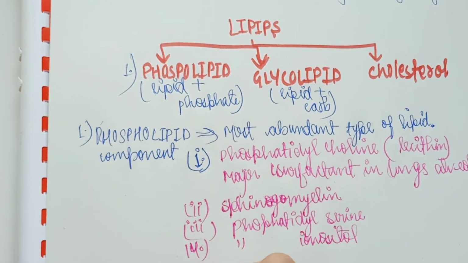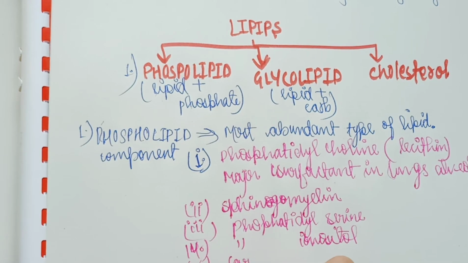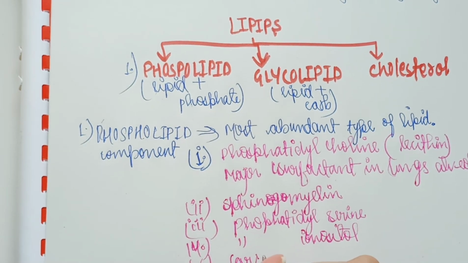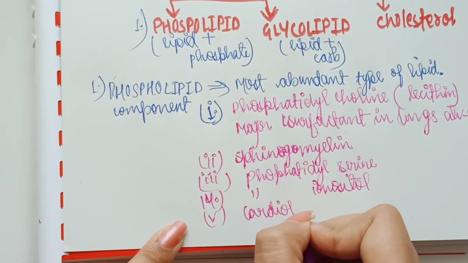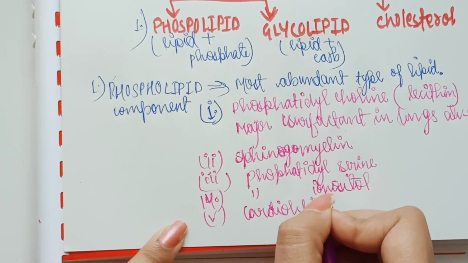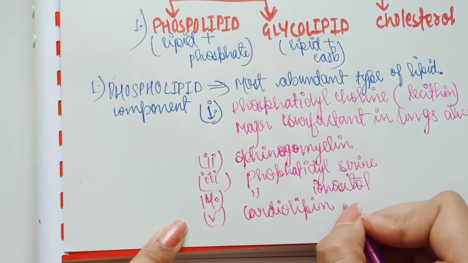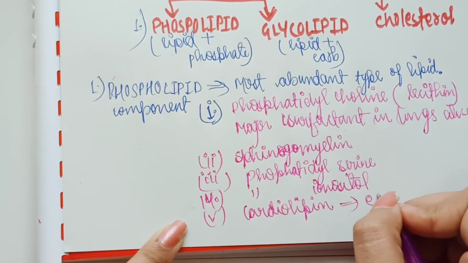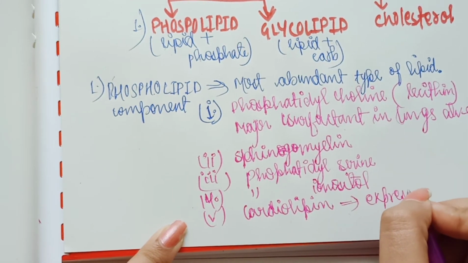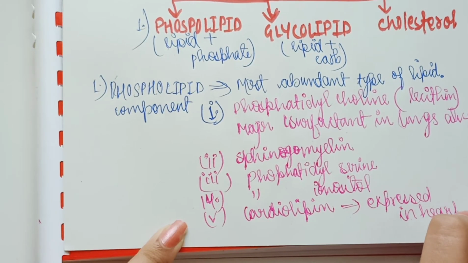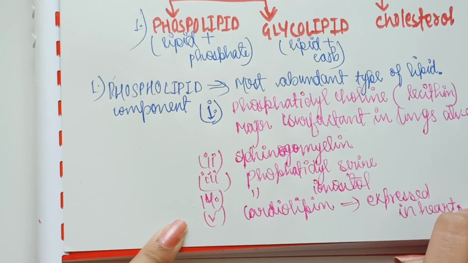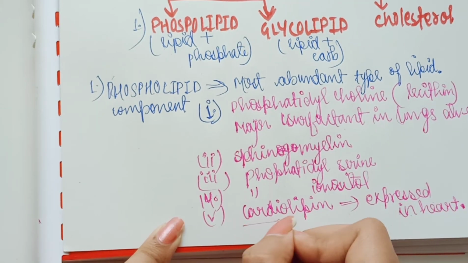Fifth is cardiolipin. Cardiolipin is very abundantly expressed in the heart. It is present in the heart and is a major component there.